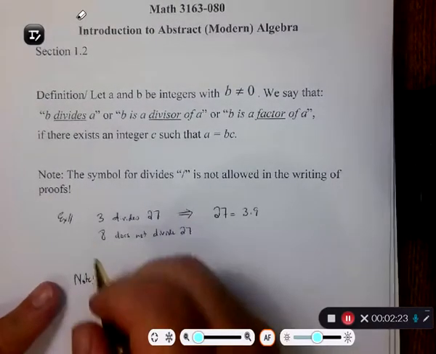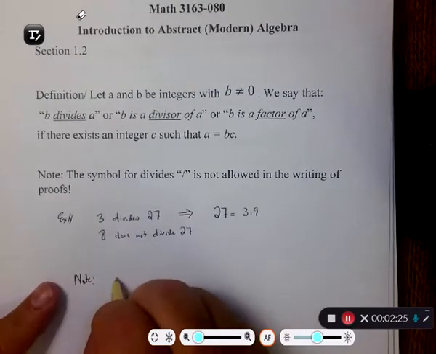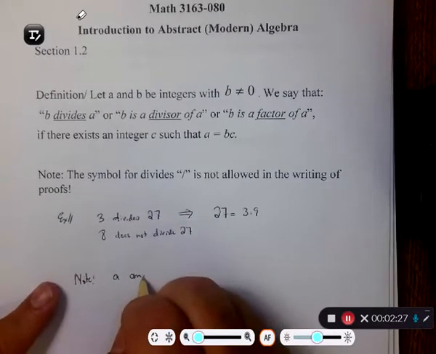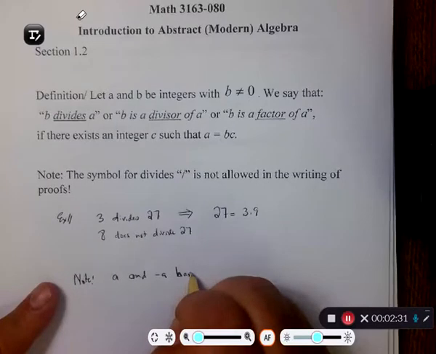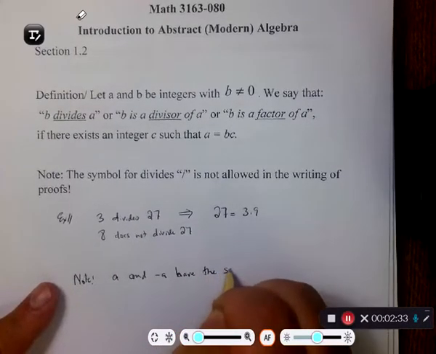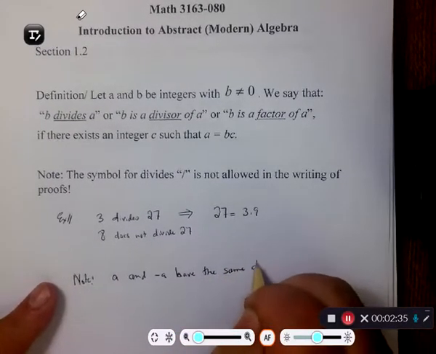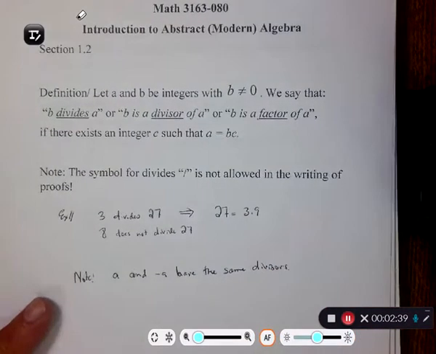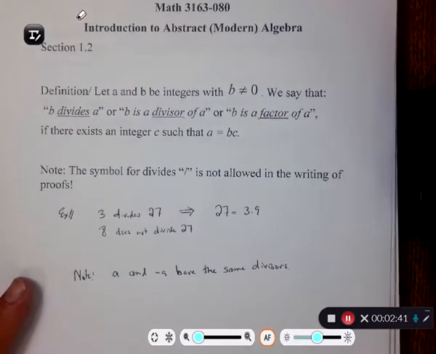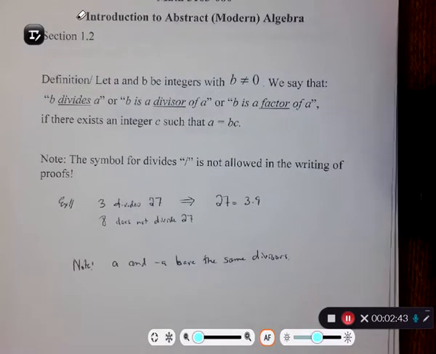A and negative A have the same divisors. In other words, it doesn't matter if you're working with positive numbers or negative numbers with these integers, they're going to have the same divisors. Remarks.